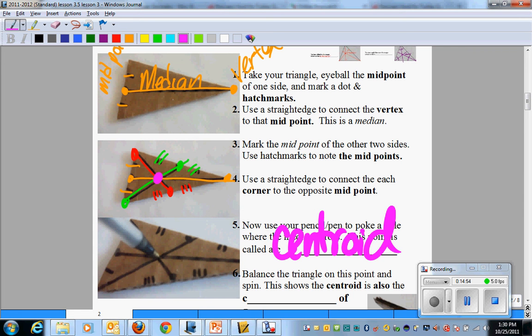Everybody needs a straight edge of some sort other than the cardboard triangle. If you need, come get a 4x6 card.